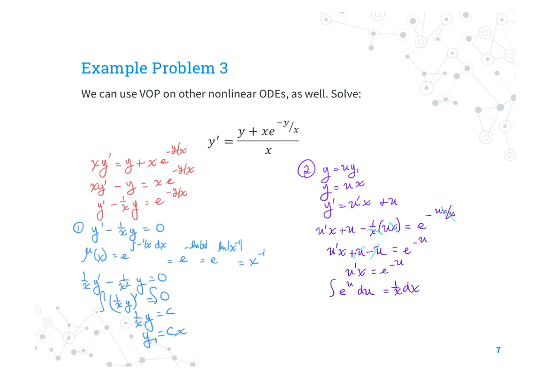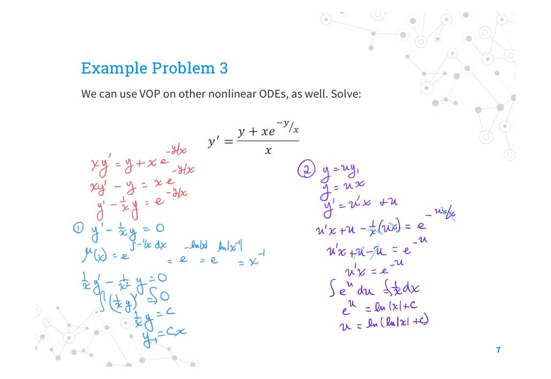So if we integrate both sides, we get e^u = ln|x| + c. This one's going to be kind of an interesting one because to solve for u, you're going to have to take the natural log of both sides. So u is going to be the natural log of the natural log of the absolute value of x plus c.